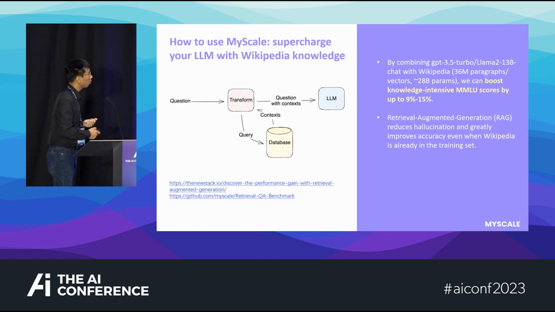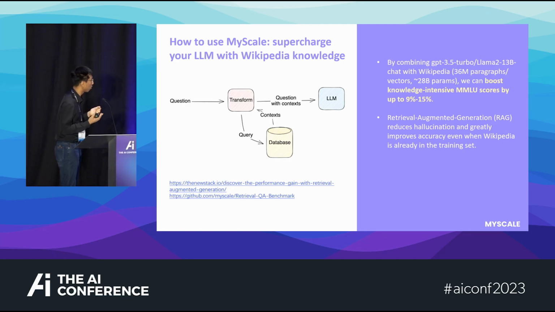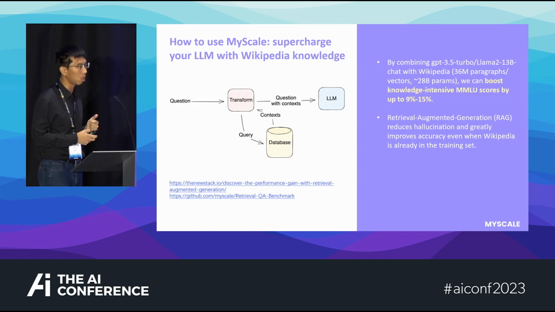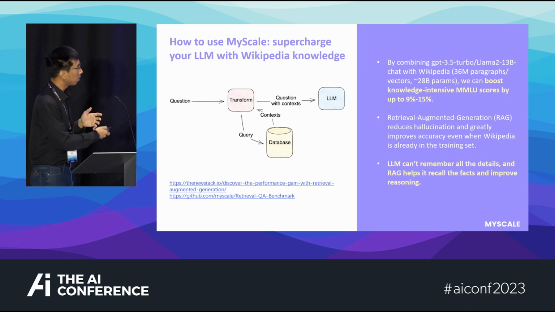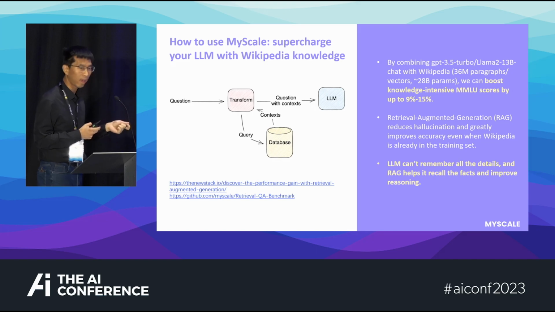And here is an interesting result: retrieval augmented generation can reduce hallucination and greatly improve accuracy even when Wikipedia is already in the training set of these large language models. All the large language models have been trained on Wikipedia. But because the transformer model cannot remember all the details, this large-scale RAG helps it recall the facts and improve reasoning.